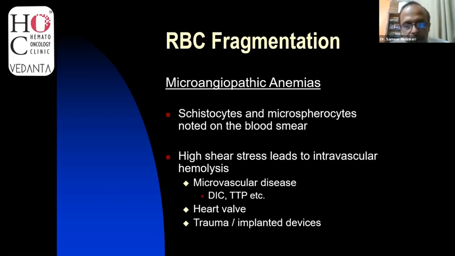So if you have long aggregates of high molecular weight multimers of von Willebrand factor, it spontaneously tends to aggregate platelets within the circulation, and these platelet aggregates will get lodged inside small capillaries, and therefore you will have consumption of platelets and therefore thrombocytopenia. And when the RBCs are passing through these aggregates of thrombi, you will have fragmentation of these RBCs, and therefore you'll have schistocytes in the peripheral blood.